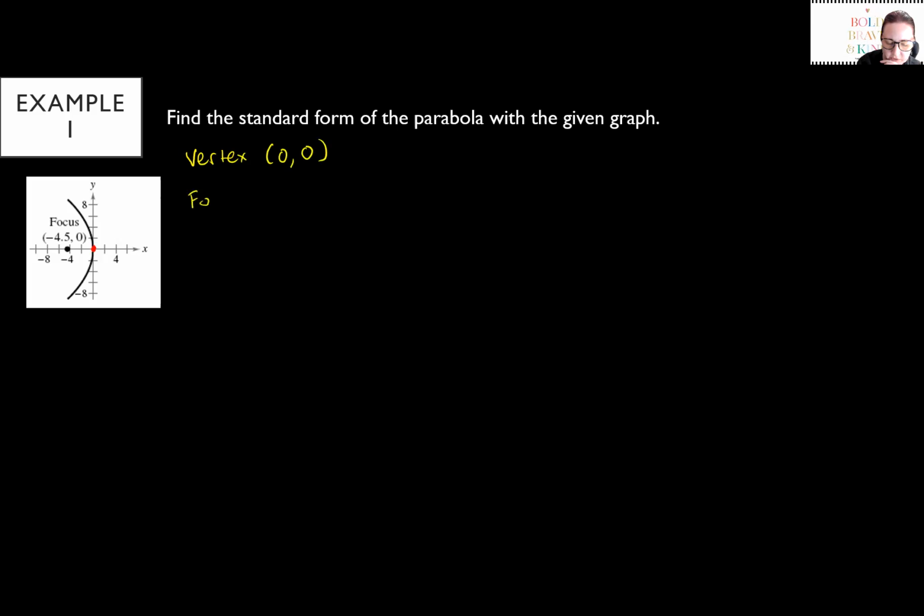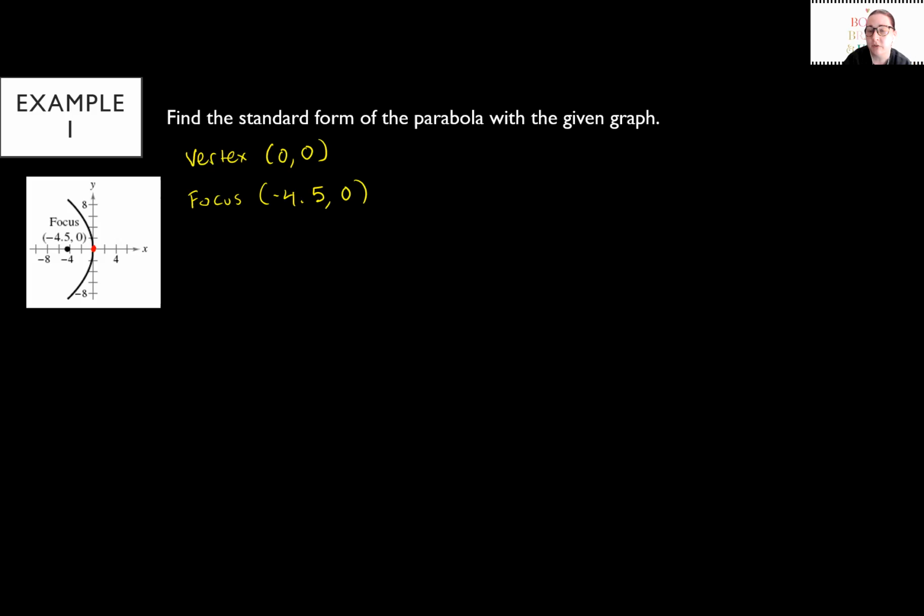And then we've got our focus, negative 4.5, comma 0. Now I'm using standard form here because that's what our textbook uses, just to be consistent, but we're using the conic form because that's the formula we want to practice using.